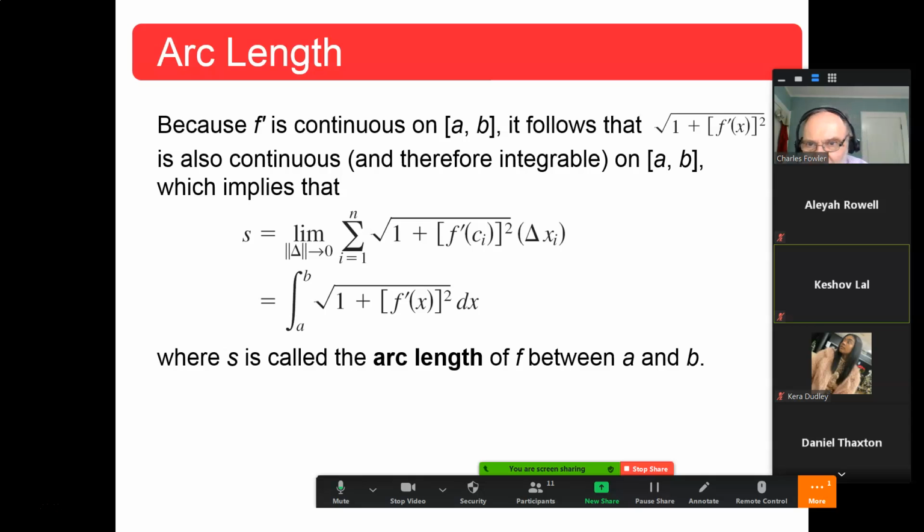Because f prime is continuous on a to b, it follows that the square root of 1 plus f prime squared is also continuous.